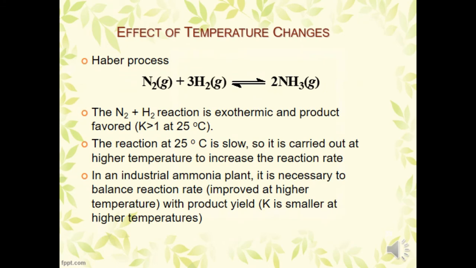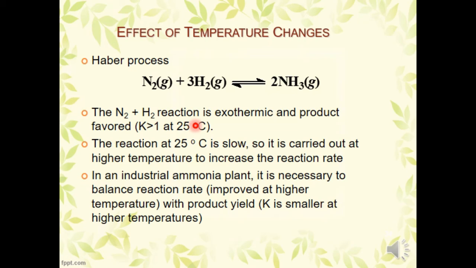Now go back to the Haber process to see the effect of temperature. Like I mentioned earlier, this reaction is exothermic and product favored, where the K value is more than 1. Because this exothermic reaction is slow at room temperature, it is carried out at higher temperature to speed up the rate of reaction.